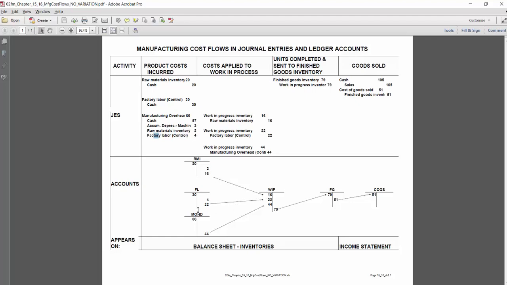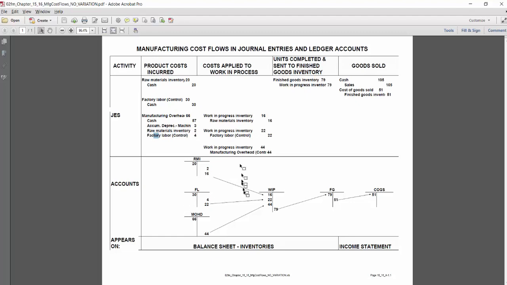The other $2 will go to manufacturing overhead, and only $22 of this factory labor will go straight to work in process as a direct cost. The other $4 will go into manufacturing overhead. So we'll have a larger pool of manufacturing overhead from recording our direct and indirect costs.